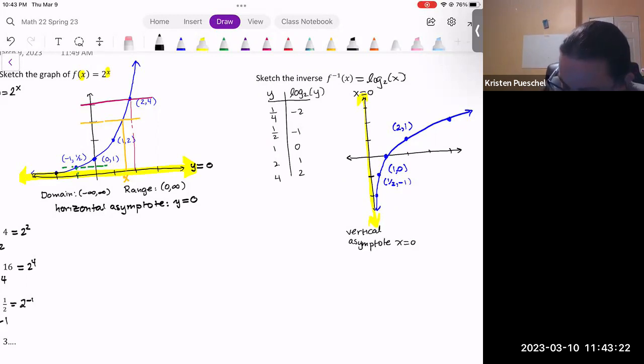Okay, the domain and the range flip in the inverse. So the inputs of the inverse are the outputs of the original function. So the domain here we see from our graph is 0 to infinity, and our range is now -infinity to infinity.